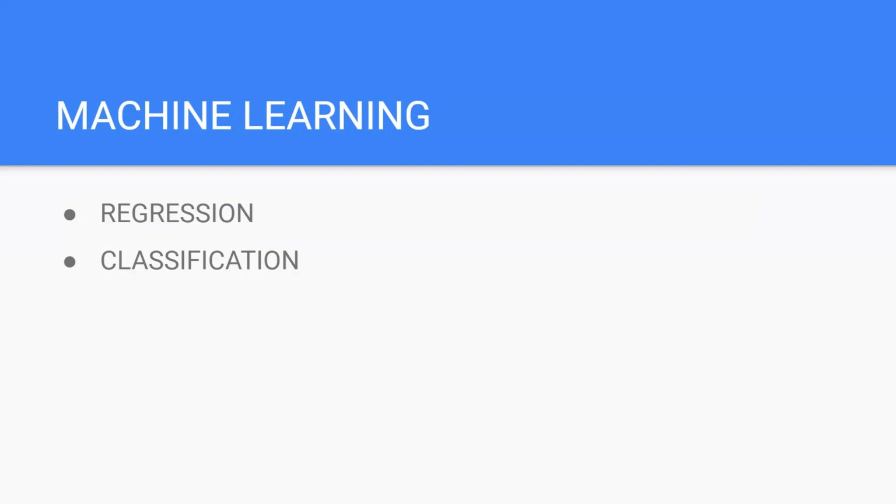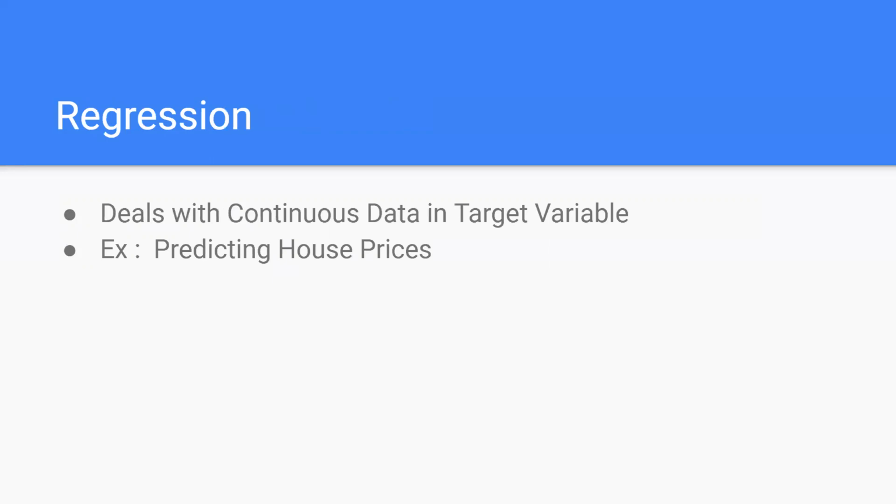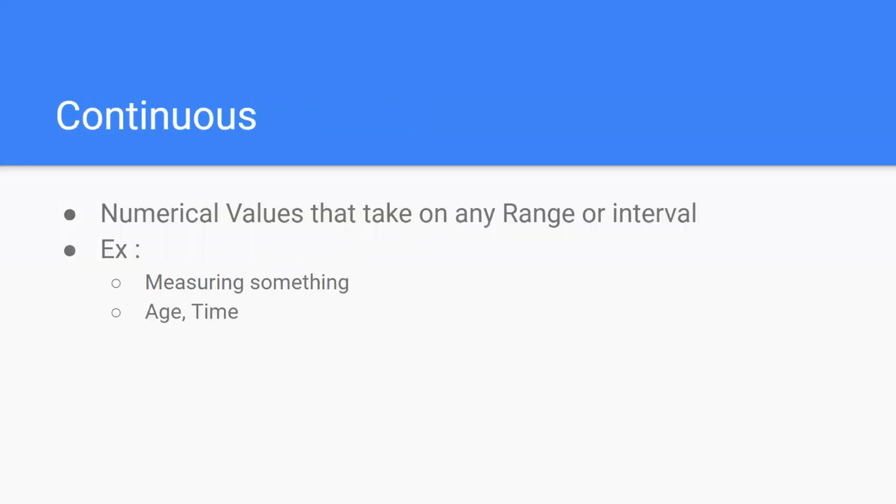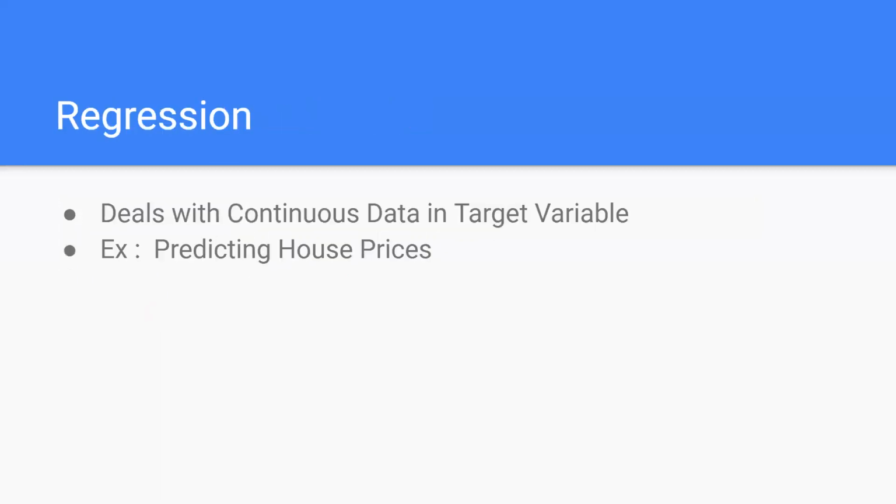We'll talk about each of them. Regression is nothing but a problem that deals with continuous data in the target variable. Just now we have seen what continuous data is, right? So regression problems must have continuous data in the target variable. That's it.